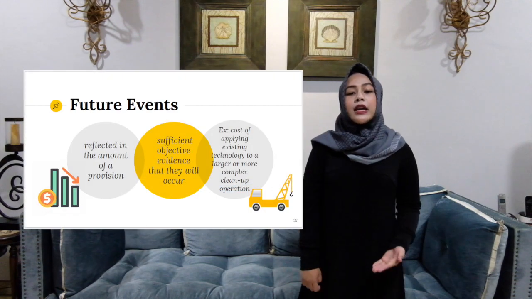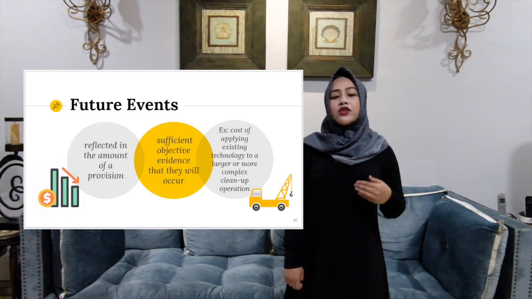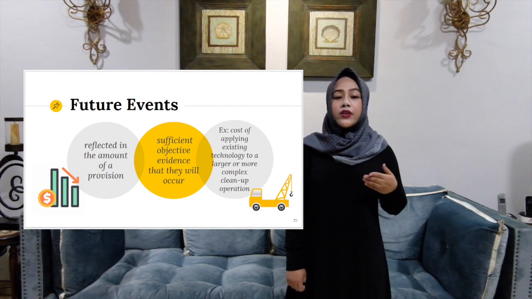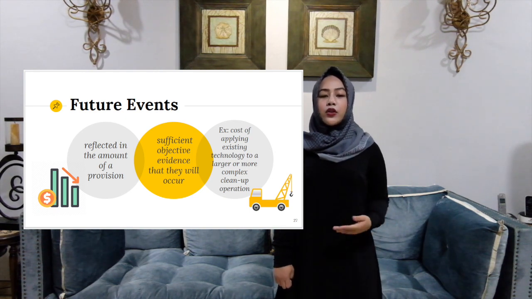The next one, I'm going to elaborate about future events in measurement. Future events that may affect the amount required to settle an obligation shall be reflected in the amount of a provision where there is sufficient objective evidence that they will occur.